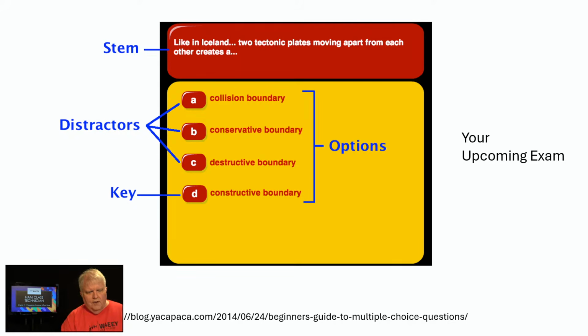There we go. So you've got, they call it a stem, but you've got your question, the question that you're going to be answering. And then you've got down below the various answers that you could have. Note distractors. In this case, they have 3 distractors, which are not the right answer. If you look at our tests, typically there are 2 distractors that can't possibly be the right answer.